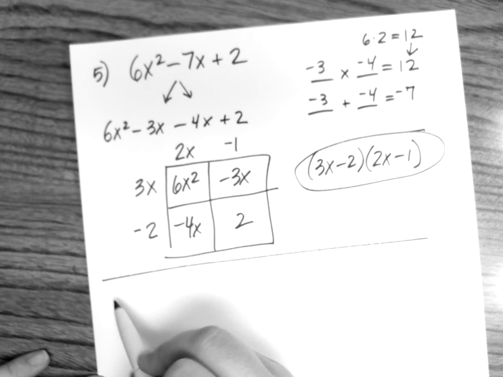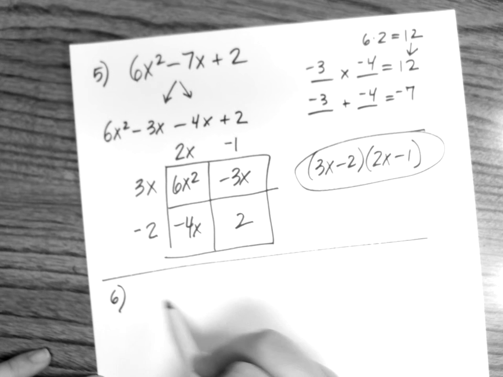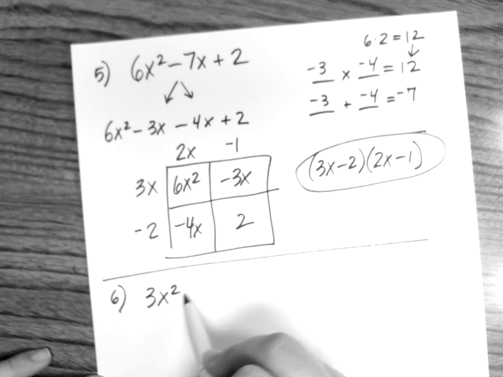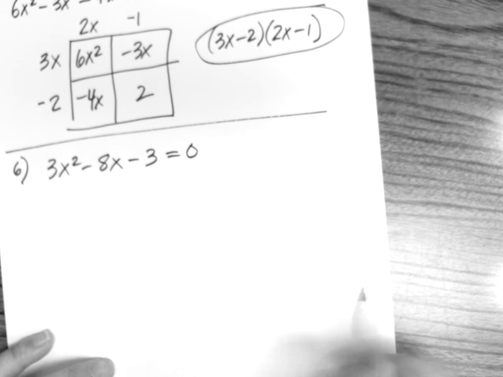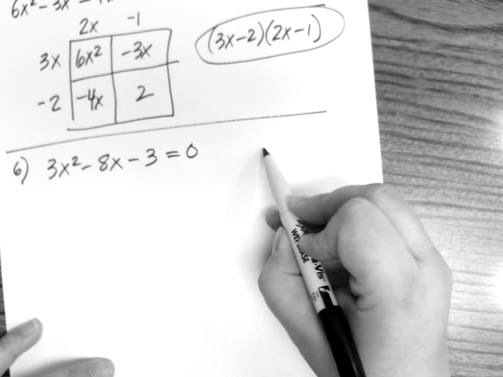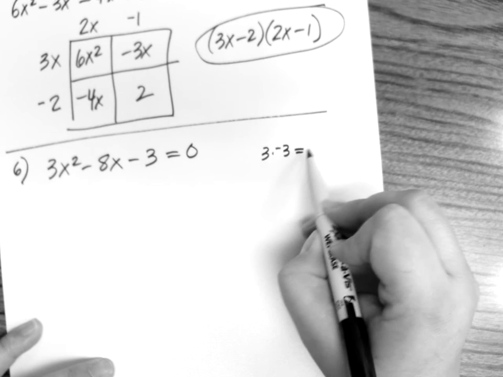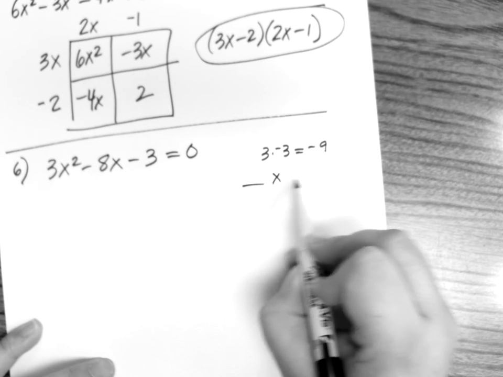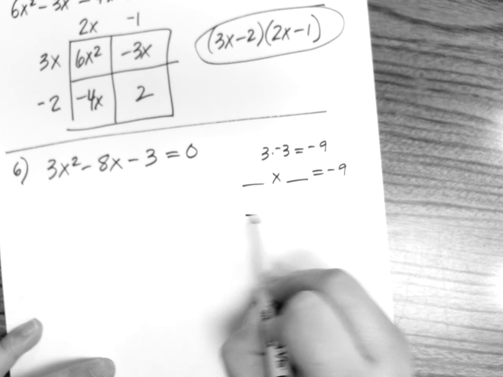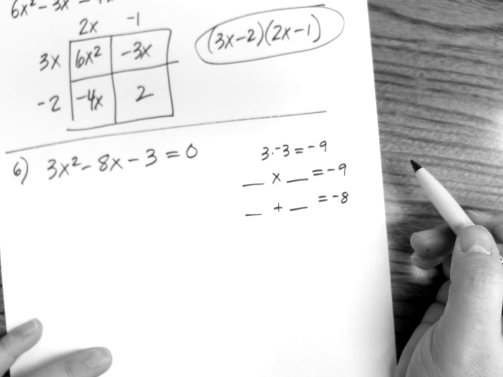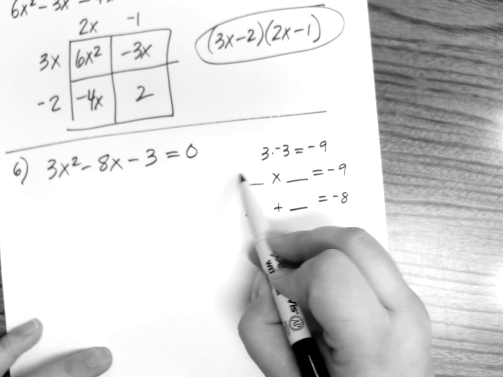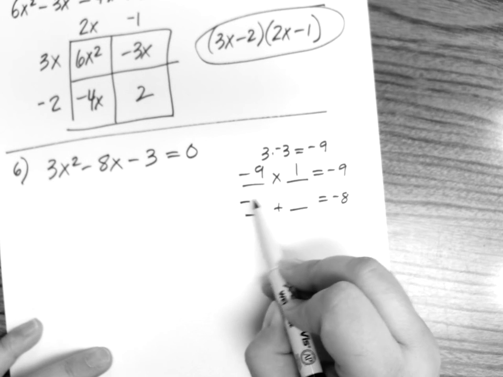Oh, let's do another one just for fun. Again, pause it if you want to. Three times negative 3. You need to take the sign if it's negative. Equals negative 9. So I need two numbers that multiply to give me negative 9 and add to give me negative 8. That would be negative 9 and positive 1.